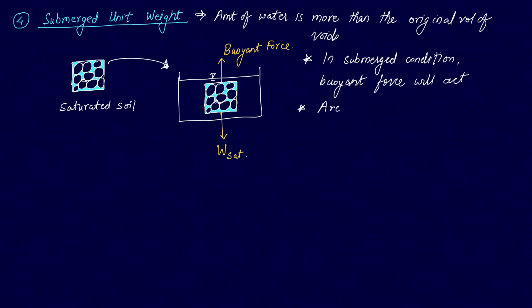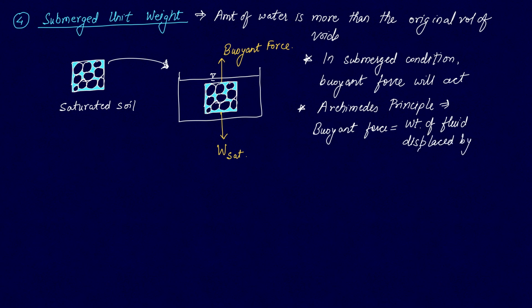As we have studied in fluid mechanics, in the buoyancy and flotation chapter, what was the Archimedes principle? It stated that the buoyant force acting on a particular body is equal to the weight of fluid displaced by it. Now again come back to this diagram.